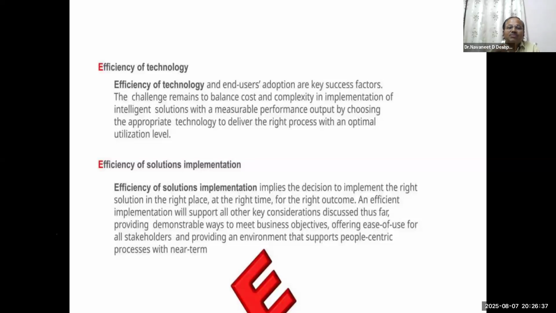They should be provided demonstrable ways to meet the business objectives, the mission, the vision, the goal with which the organization has started. Internally, they should be able to measure their own successes. They don't have to compare with any other. At least they should be able to maintain the same level or a better level of services than what was provided by them in the previous years. That is known as solutions implementation.